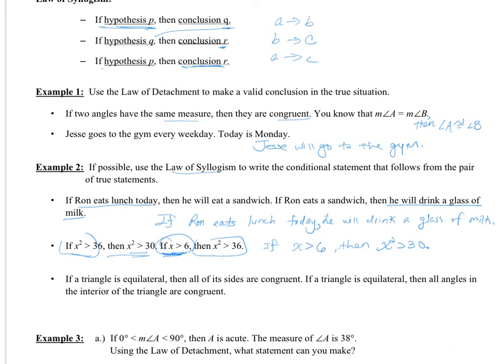And for the next one, if a triangle is equilateral, then all of its sides are congruent. If a triangle is equilateral, then all angles in the interior of the triangle are congruent. So I have to look at this part of the sentence and start my statement.